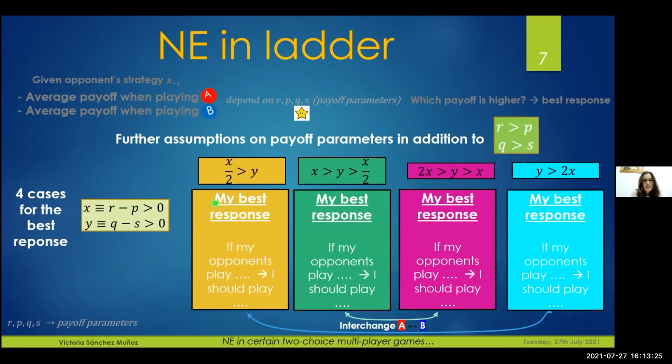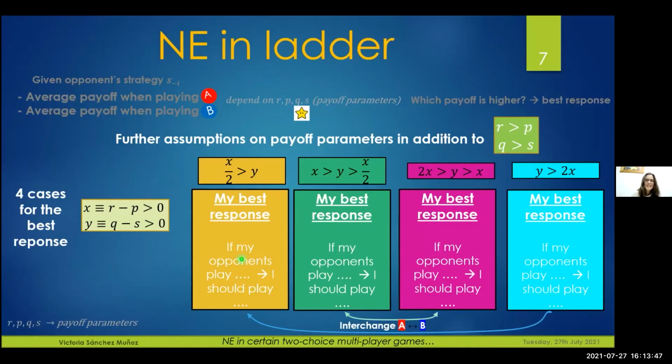First, what is this list? The list of the best response is just having a list of strategies. Like, for instance, if my opponents play A, B, I should play A or B. It depends. So that's the list of the best response. And we have 4.